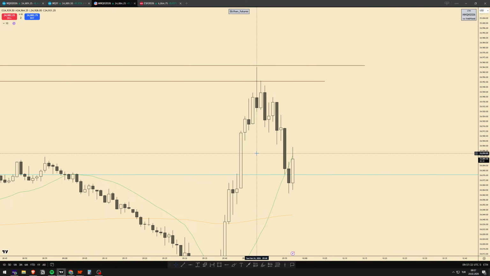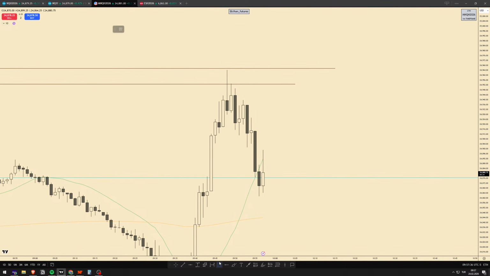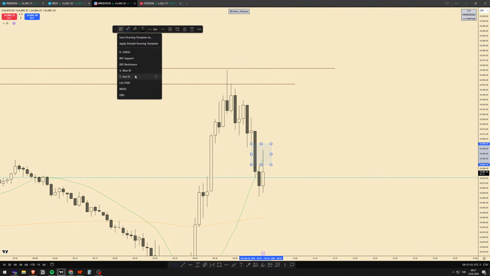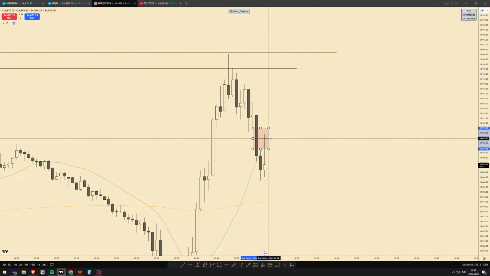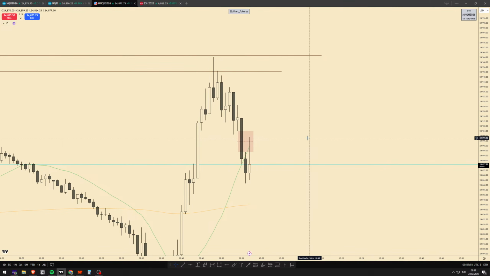I wanna see the reaction from the bearish imbalance first. This is sell side imbalance, sell imbalance, bearish imbalance, whatever you wanna call it.